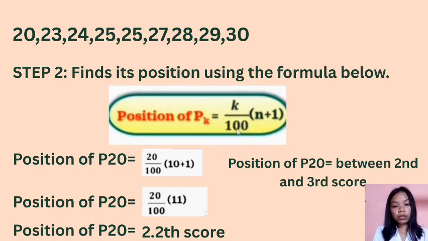So the position of P20 is equal to 20 over 100 times 11. So the position of P20 is 2.2 scores. So the position of P20 is between the second and third score, which are 23 and 24.